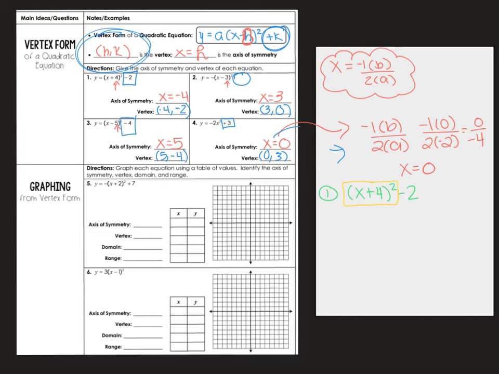So we could do this part first with the exponent. Remember, to multiply this together, you could use the BOTS method, you could use FOIL, right? So this is where those polynomial pages come back in. If I use the BOTS method here, I get x squared, a 4x, a 4x, and a 16. And then we also have that -2 still hanging on the end. When I simplify this all the way, I get x squared plus 8x plus 14.